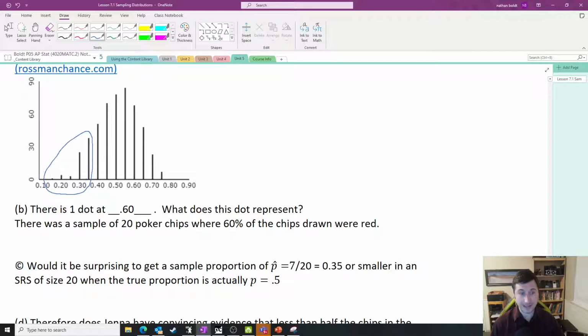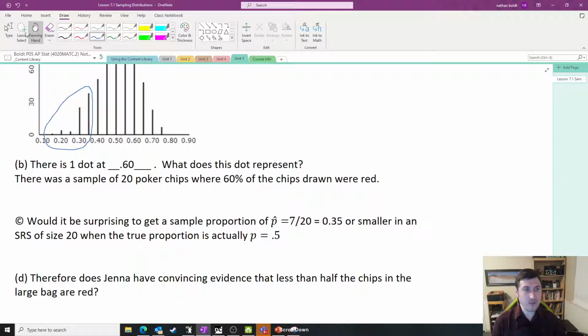Now I go "or less" because Jenna cried foul because the number was too small. You would never get 7, that's too low. So we take a look at what are the chances of getting 7 or lower. Well, there's quite a few there, aren't there? That's 2 pretty large bars and some trickling ones off to the side. Yeah, that definitely happens. So I would not be very surprised if this happened.